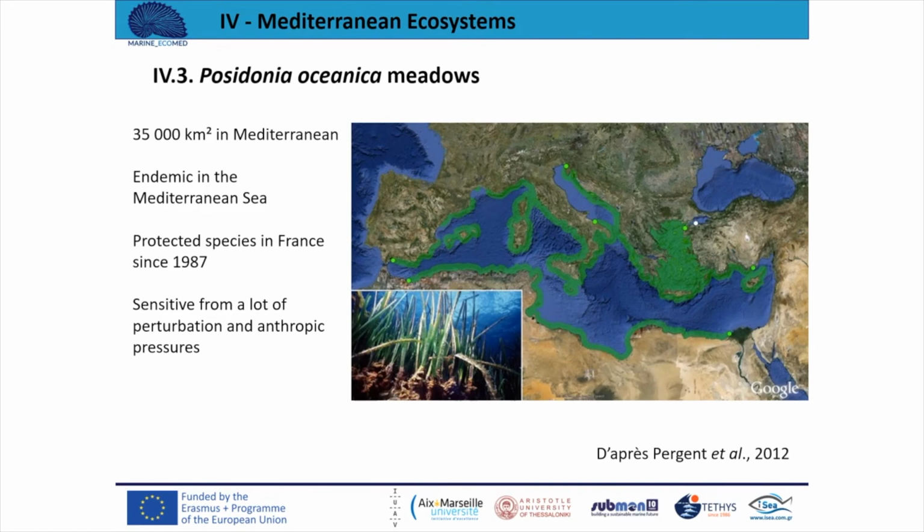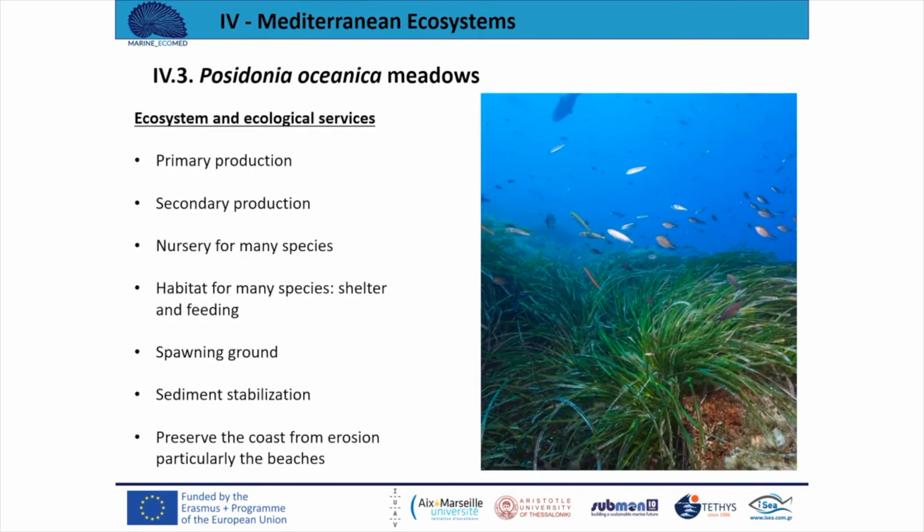The Posidonia oceanica meadows have many ecosystem and ecological services. High primary production, secondary production with a large biomass of fishes, crustaceans, and echinoderms. It is also a nursery for many species.